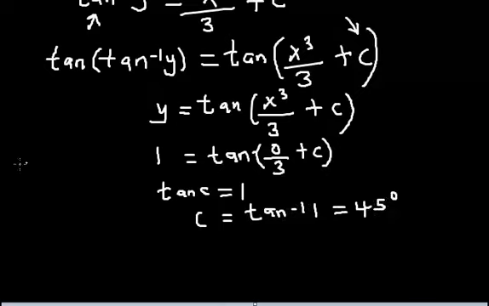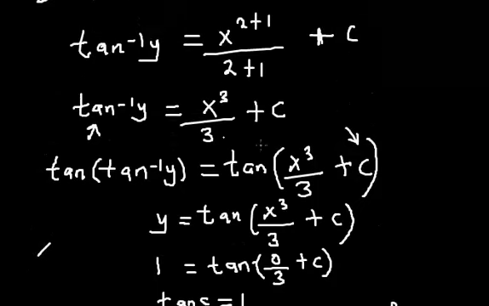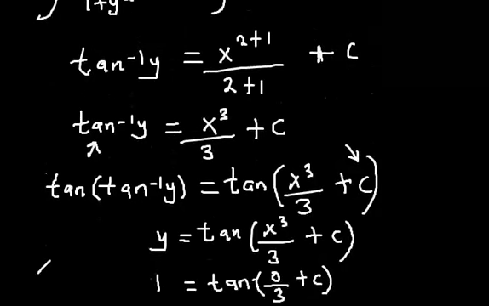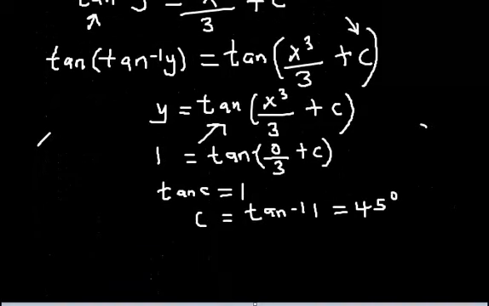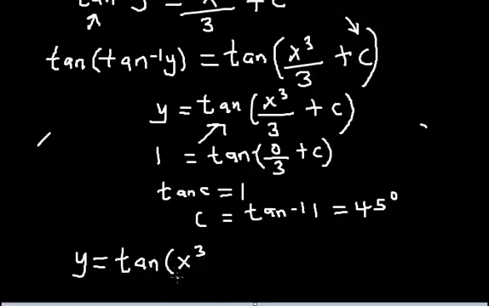So I can now write the actual, or the particular, solution. Having gotten my c, the solution to this equation is going to be equal to tan of x cubed all over 3, then plus 45.